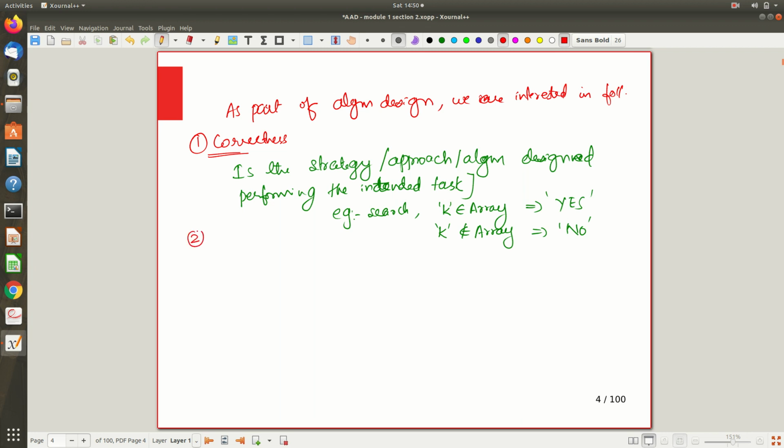Now the second thing is regarding optimality. What I am trying to say is, suppose I have a computational problem, say a problem P. Different people may come up with different approaches for this: this is A1, this is another algorithm A2, this is another algorithm A3.